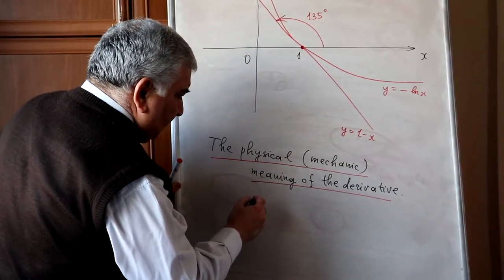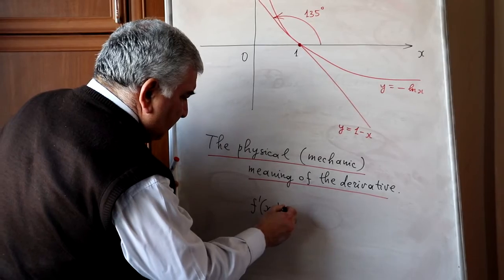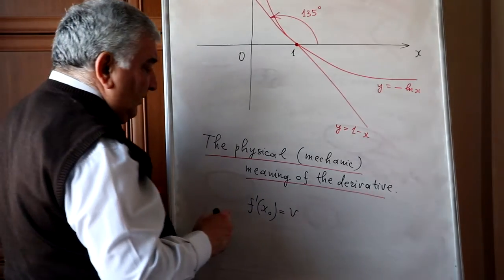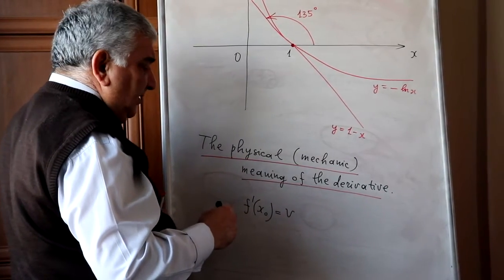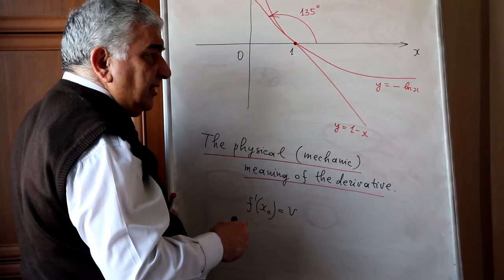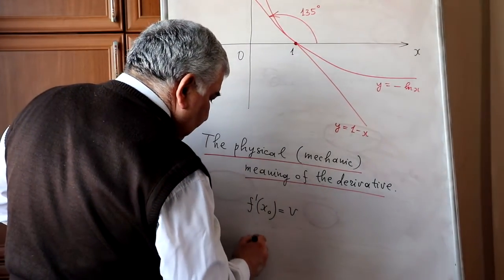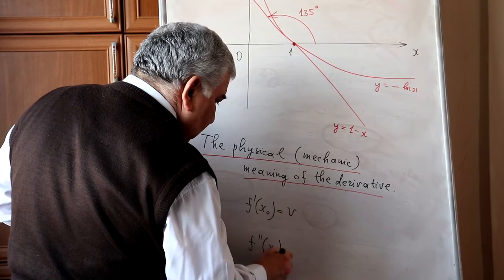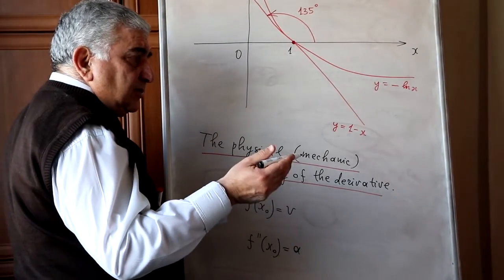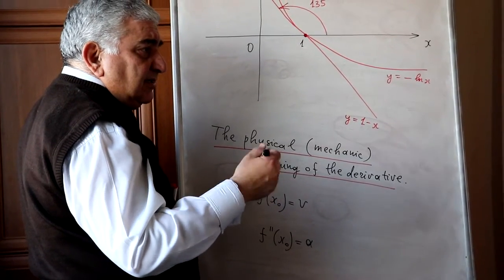That is, f prime at x sub 0 is the speed, and also the second derivative of the given function is the acceleration of the function's variance at this point. f double prime of x sub 0 is acceleration. Speed is in Azeri sürat, in Russian скорость. Acceleration in Azeri is təcil, in Russian it is ускорение.